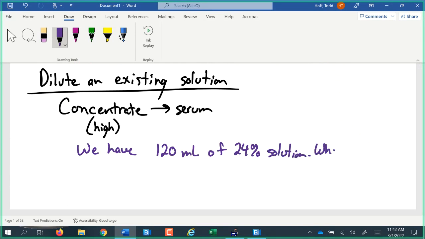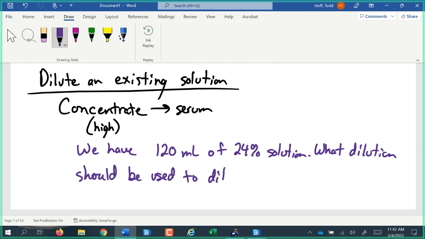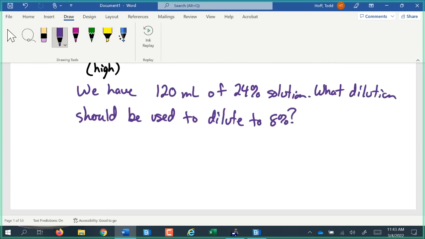What dilution should be used to dilute it to, let's go to 8%. So to figure out the dilution, we need to figure out how much saline, how much sterile water needs to be added to this solution.